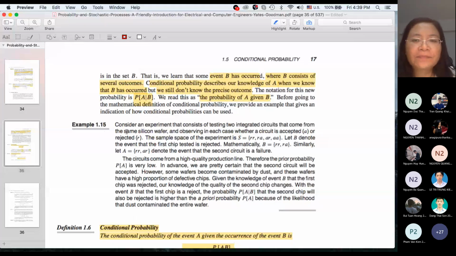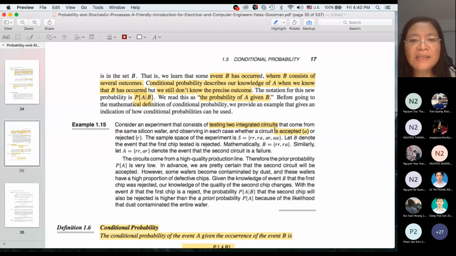Example 1.15. Consider an experiment that consists of testing two integrated circuits that come from the same silicon wafer and observing in each case whether a circuit is accepted.